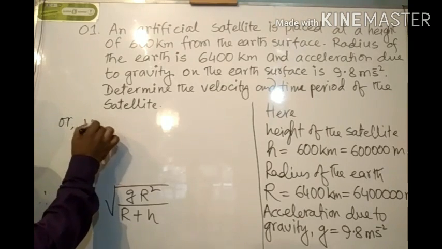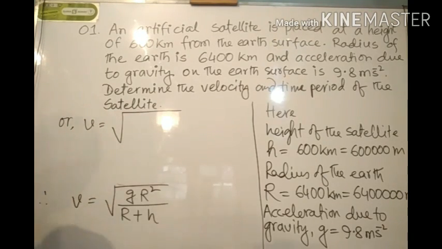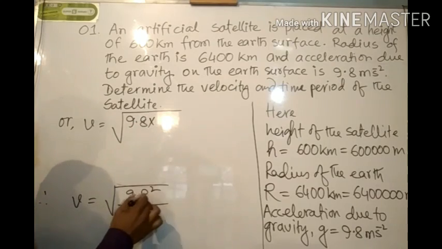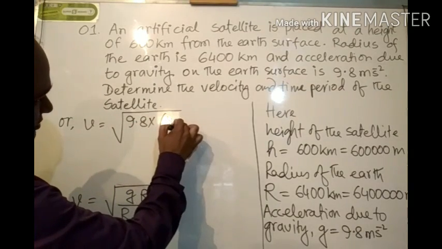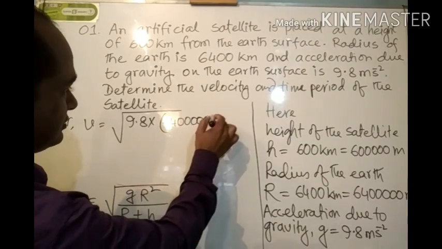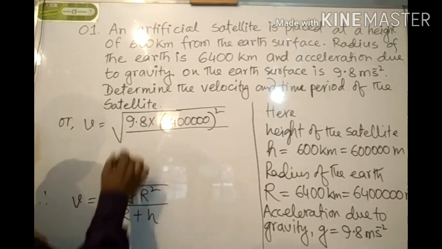Or v is equal to, now if we place the value of the quantities, v equals square root of 9.8 multiplied by (6,400 km) whole square divided by (R plus h).